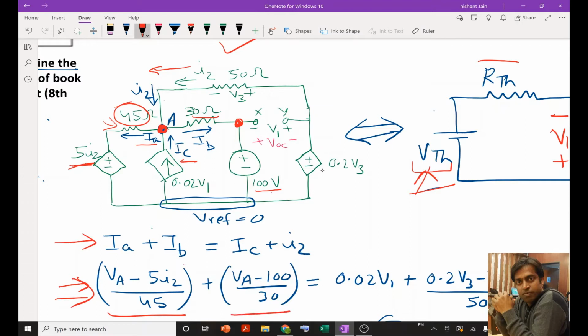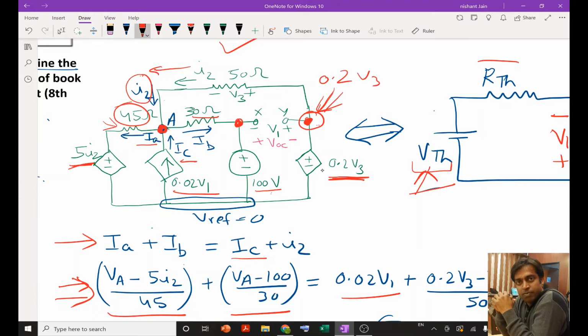After that, this IC. It is given that IC is equal to 0.02 V1, so I put it as it is. After that, this I2. The current I2 is flowing from this node to node A. Since the dependent voltage source 0.2 V3 is directly connected to this node, the potential here will be 0.2 V3.